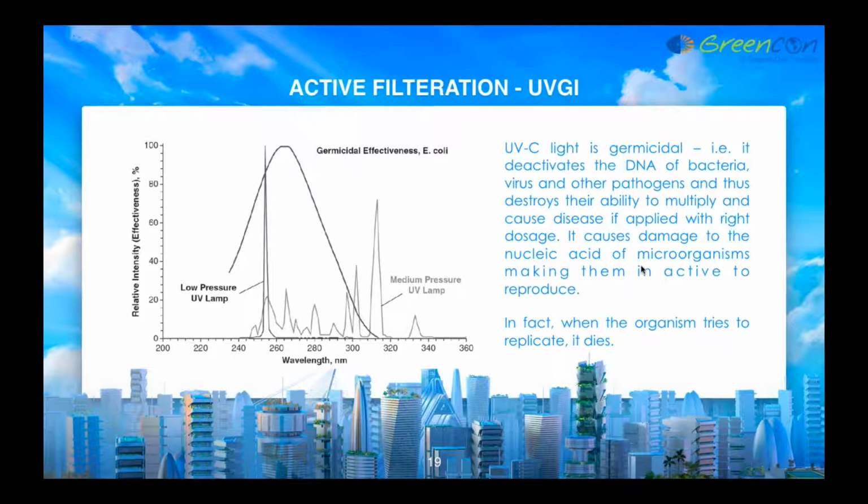So that is the reason that it has an overall germicidal effectiveness of about 80 to 90%. So when the lamp is producing 254 nanometer at its peak, while the efficiency is best at 264 nanometer, at 254 it will also have a reasonably good kill rate, I would say, but it will depend on various factors.